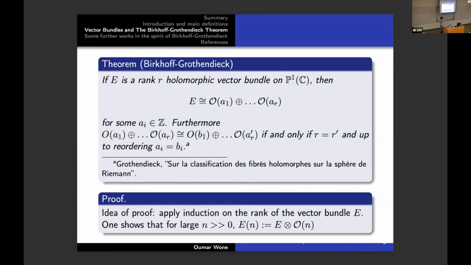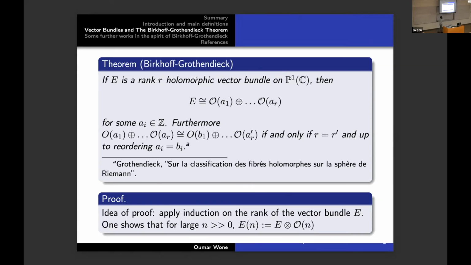So why do we introduce all these facts? It is because in the proof of the Birkhoff-Grothendieck theorem, we need those objects. So this is the theorem of Birkhoff-Grothendieck.